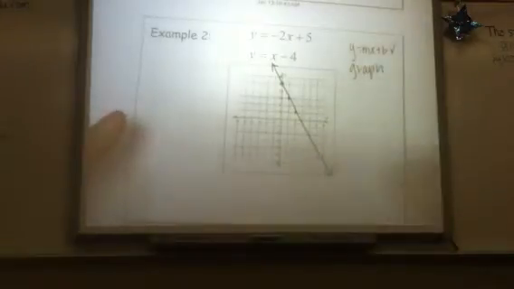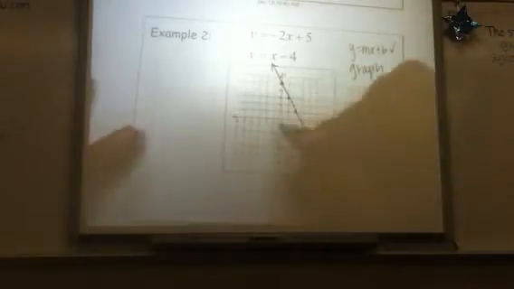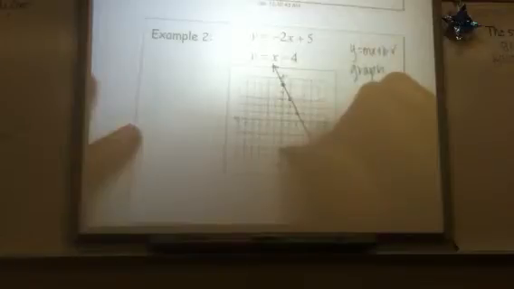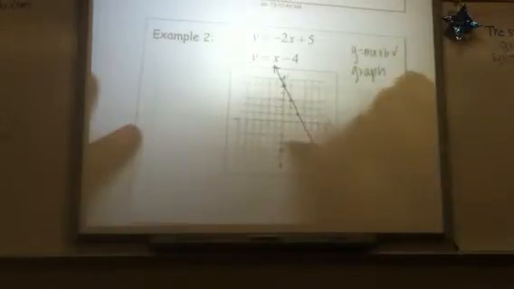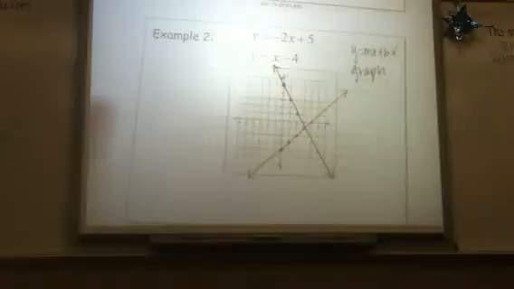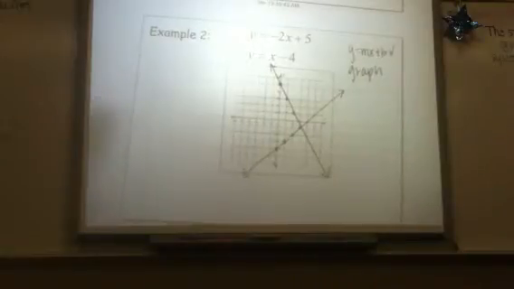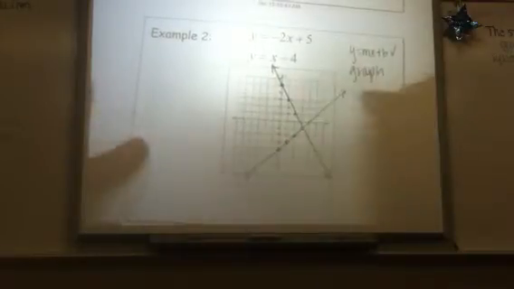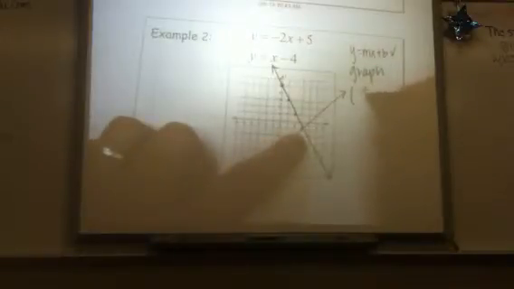And I graph my second line at negative 4. Up 1, over 1, up 1, over 1. Hey, this one actually works. It's on the graph.